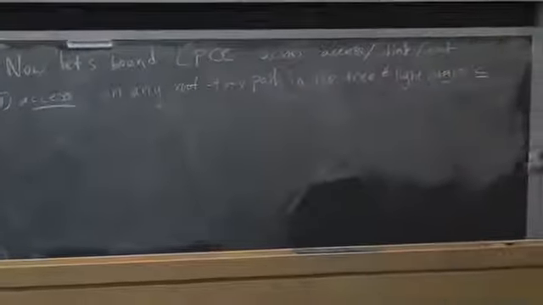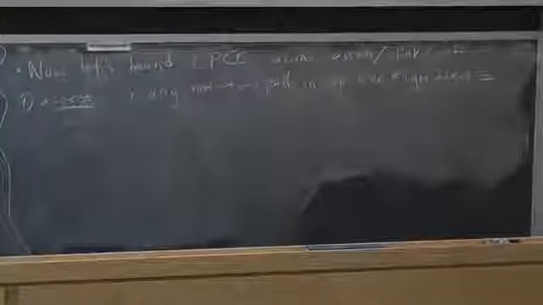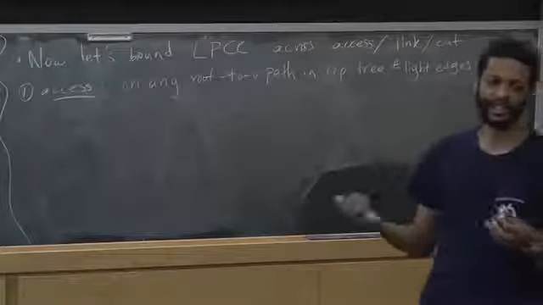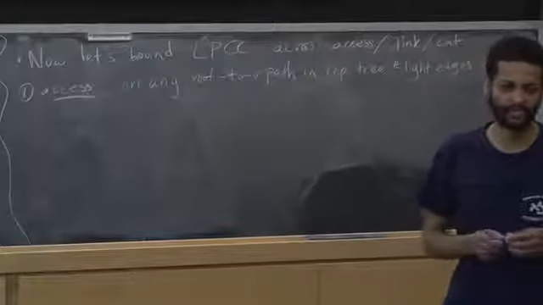How many light edges can you have in a path from the root down to some vertex? Not log of the depth, log of something. Log of what? So what's the point, right? So first of all, how big can the size of a subtree be? Give me any upper bound.